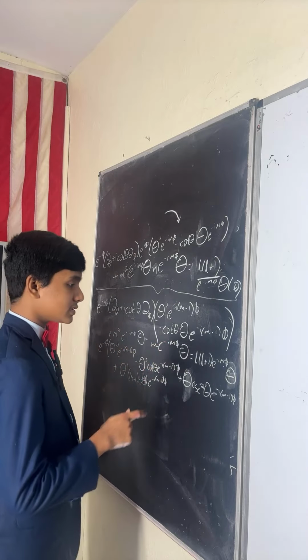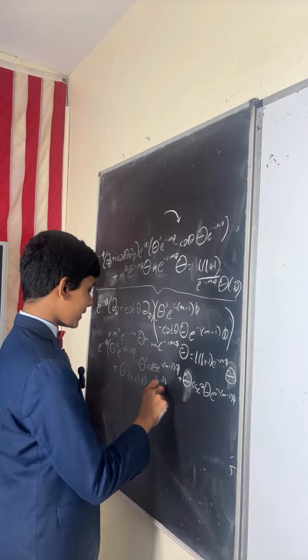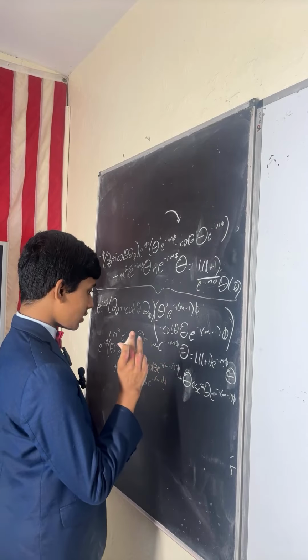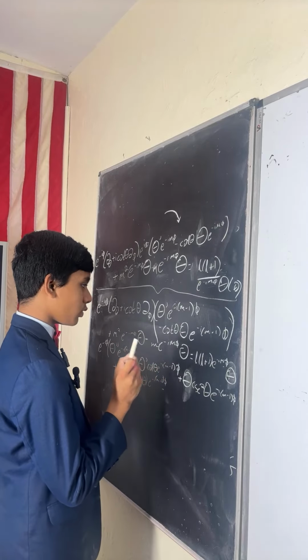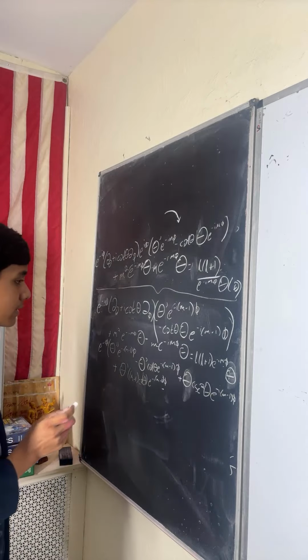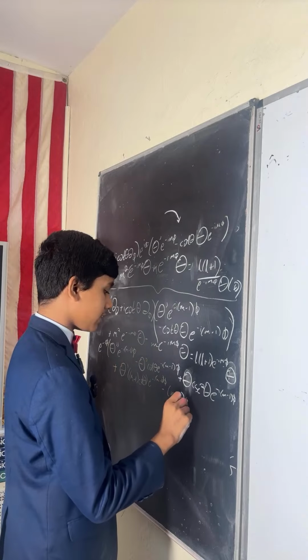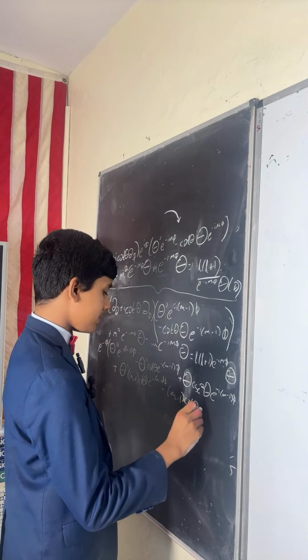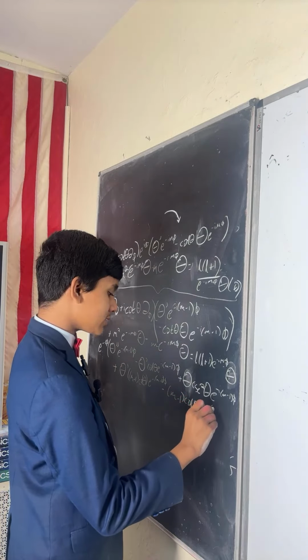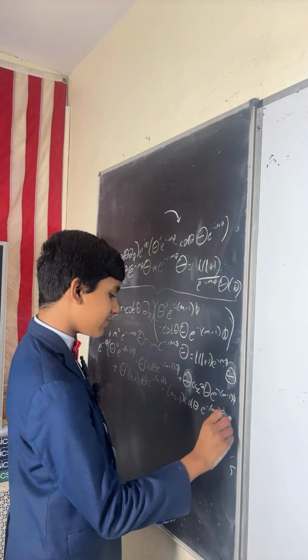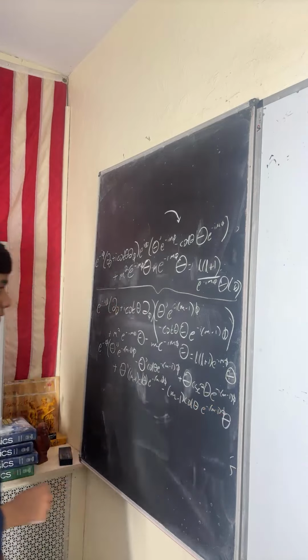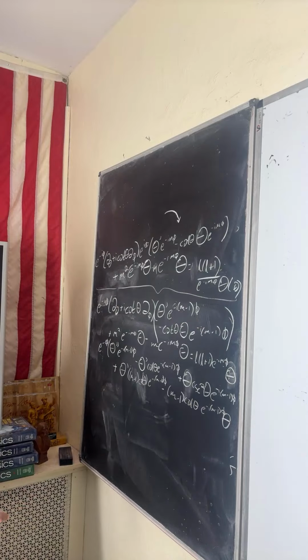Then the other term is going to be, well, the same exact thing, basically. Minus i, hold up. Minus m minus 1 cotan theta e to the minus i m minus 1 phi theta. Yes, that's correct.